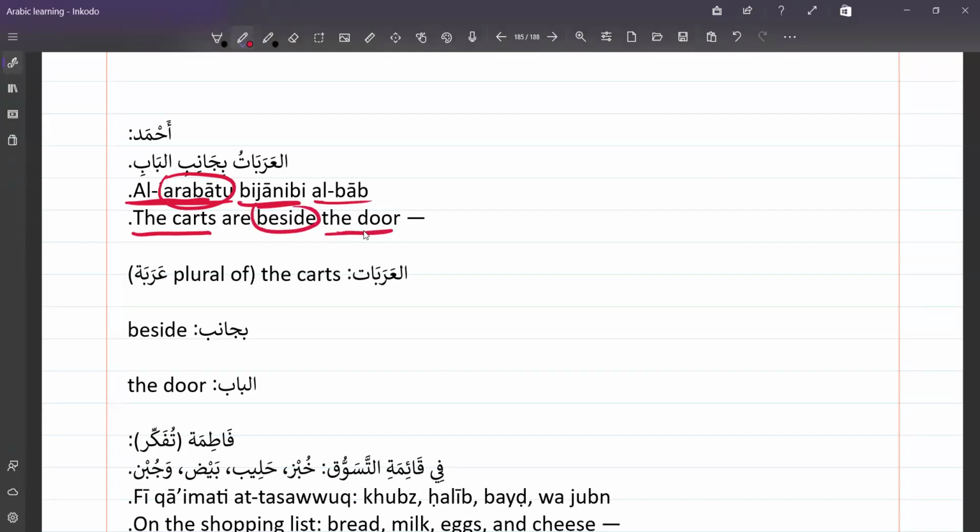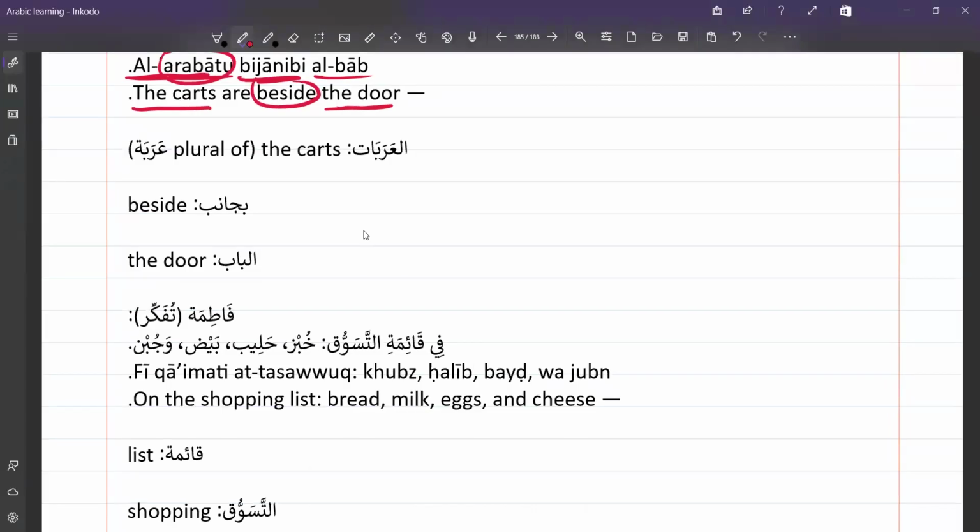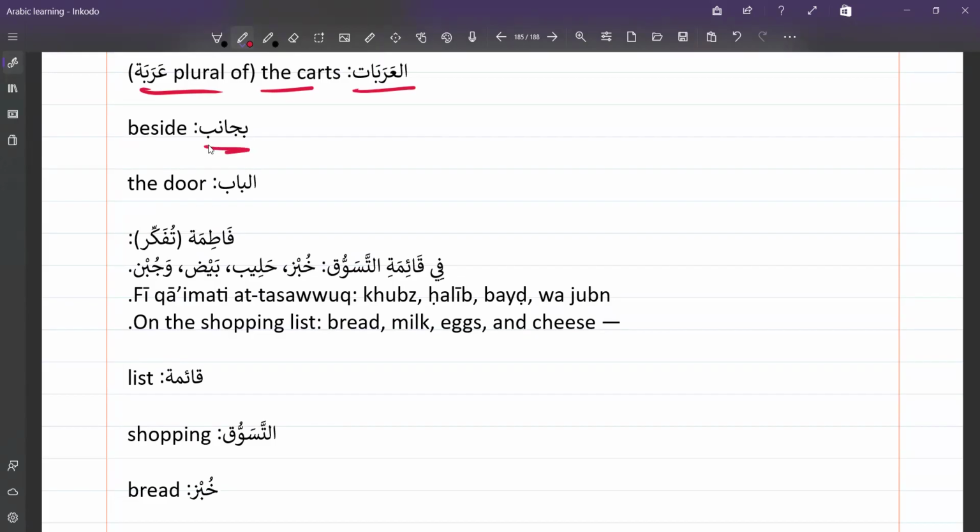Al-bab, the door. So Ahmad says, the carts are beside the door, right? Learn this word: araba means cart, arabat means carts. Bijanib means beside, and bab means the door.